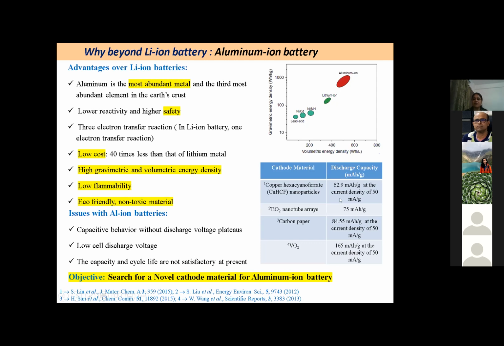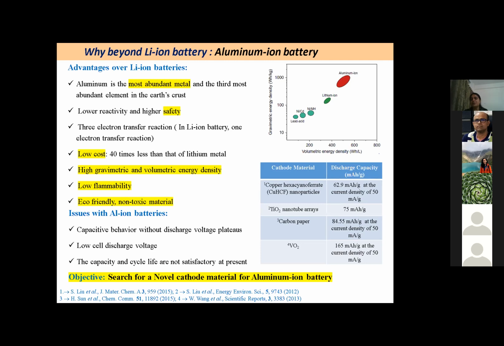I have shown some examples. The journal papers and references are really good, but the performance is very low. If you look at most of the papers on aluminium-ion batteries, they date from 2012 onwards.